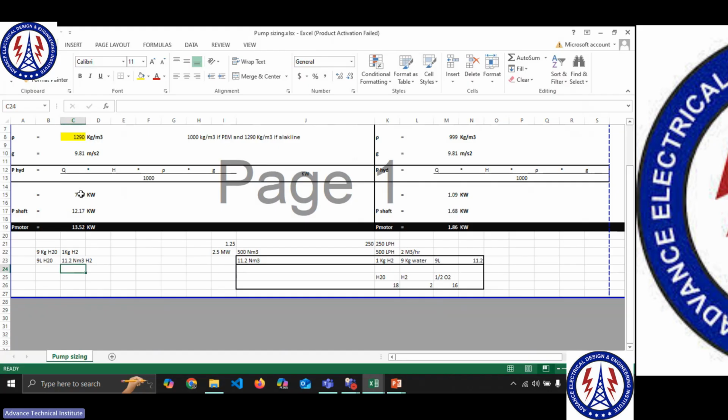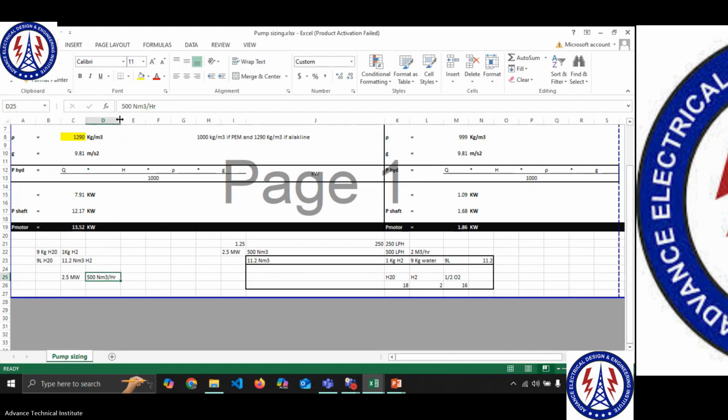Now, what we typically do in sizing is, say you have a 500 nm cube electrolyzer. In other words, a 2.5 megawatt electrolyzer. 1 nm cube is equivalent to, in industry terms, 5 kilowatt.